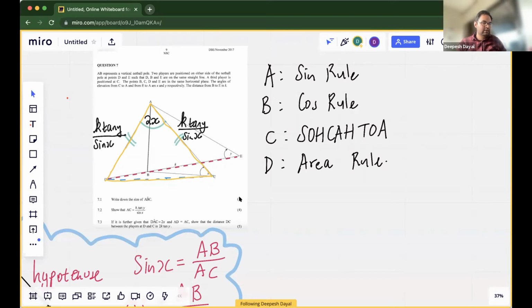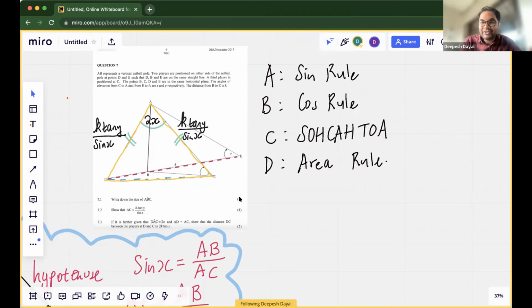Okay. Those who are on the live stream, there is a button at the bottom where you can click and type in A, B, C, or D, right? Yeah, just have a look at that as well.